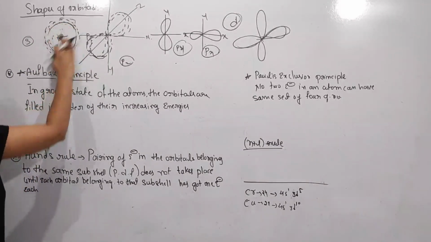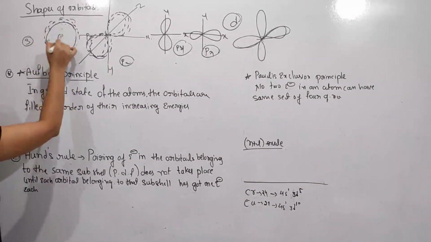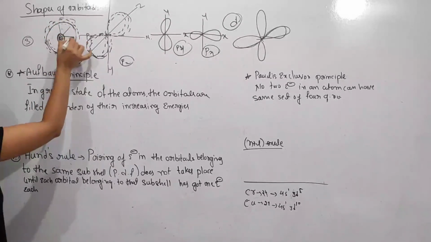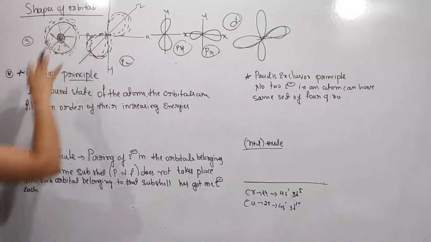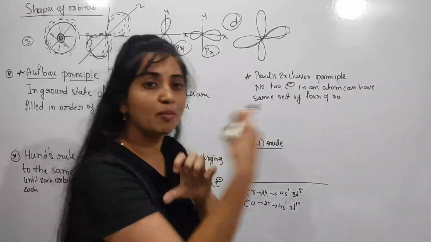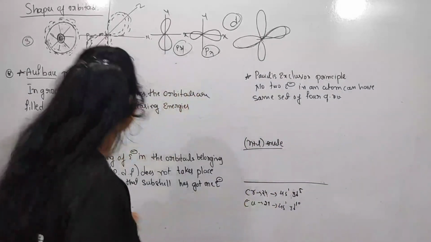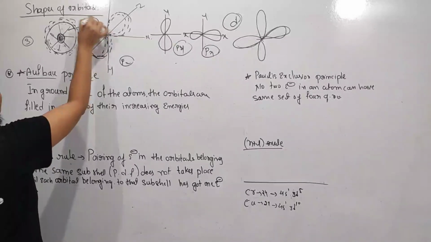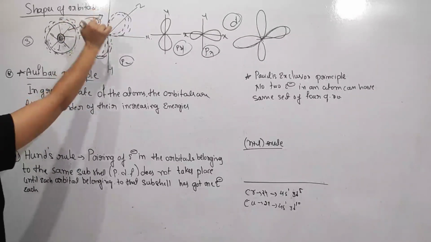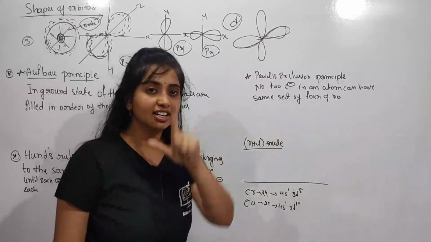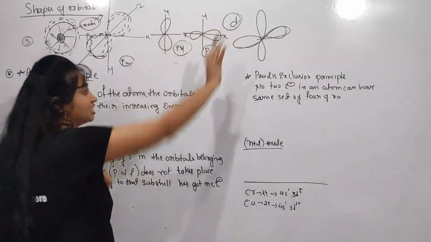When we find the density, between that density and the nucleus there is some empty space, and in that empty space there is no probability density. That space is called a node. There are two types of nodes: radial nodes and angular nodes. Angular nodes we get in p orbitals and d orbitals.